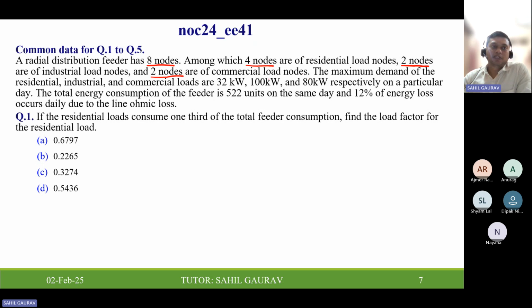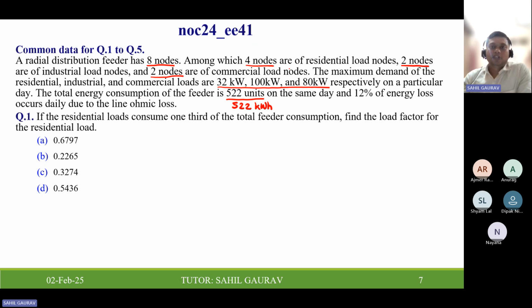The maximum demand of the residential, industrial, and commercial loads are 32 kilowatt, 100 kilowatt, and 80 kilowatt respectively on a particular day. The total energy consumption of the feeder is 522 units, that means 522 kilowatt hour on the same day, and 20% of energy loss occurs daily due to the line ohmic loss.